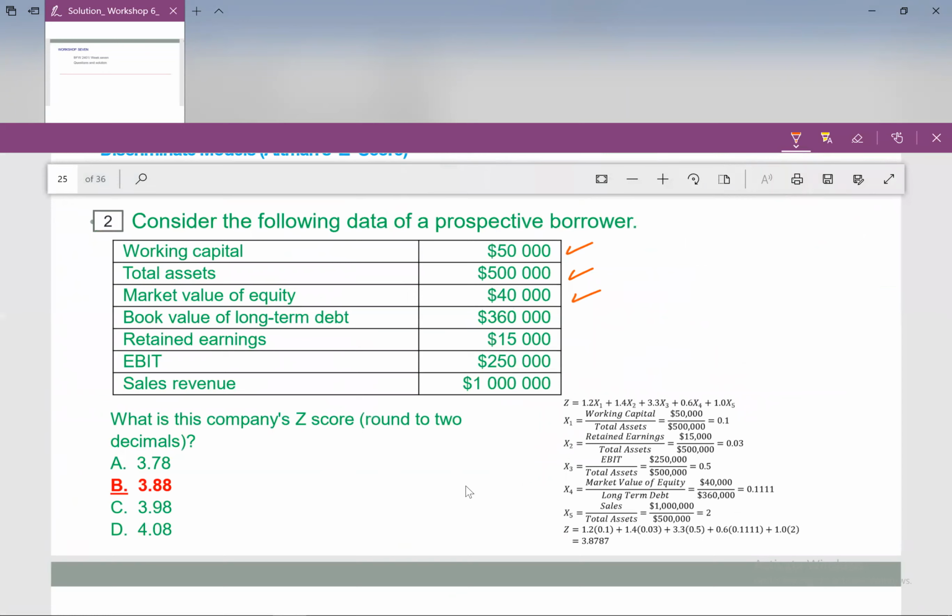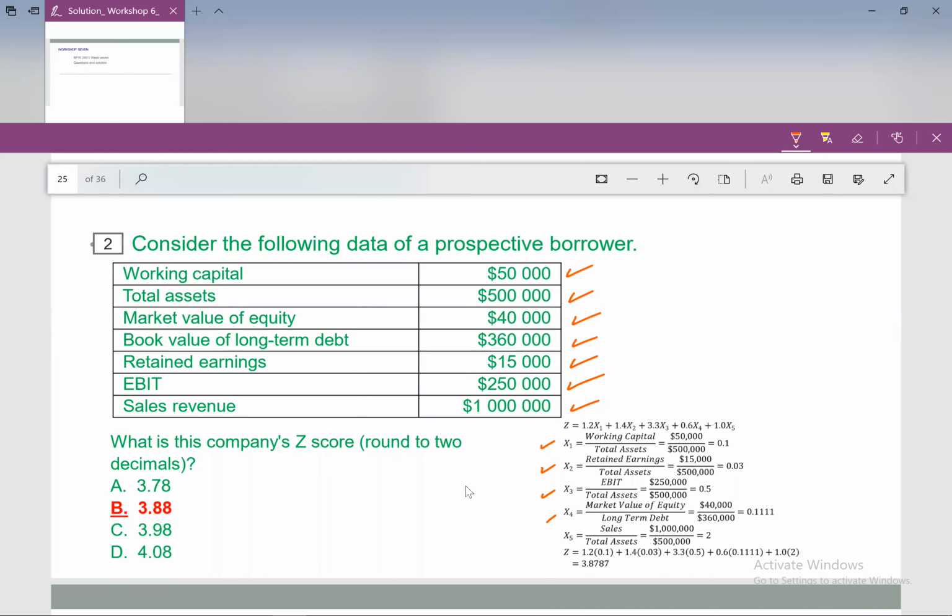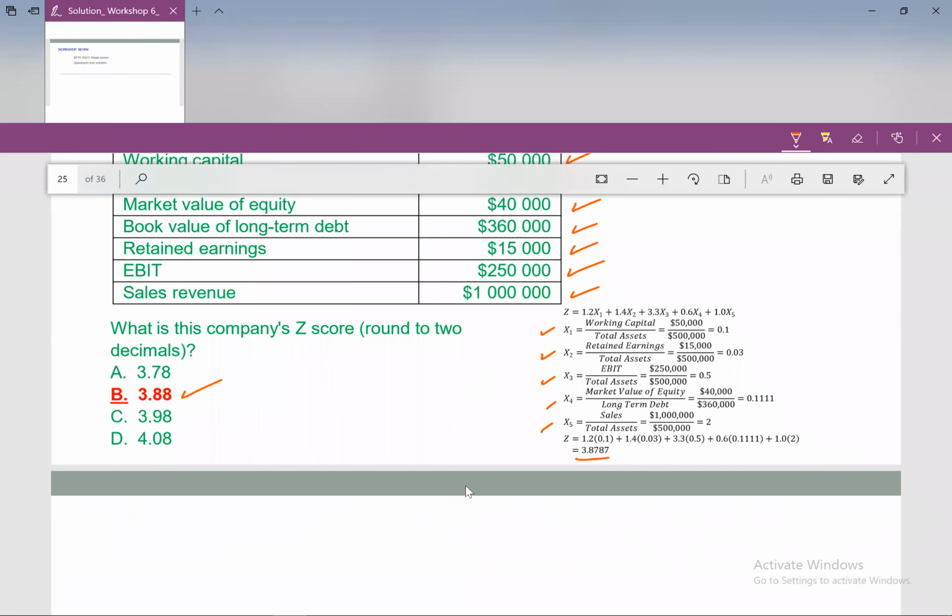Retained earnings is there. EBIT is clearly there. Sales revenue is there. So it's very easy to calculate X1 to X5. If you calculate them, you will find X1, X2, X3, X4, X5, and the result is 3.87 or 3.88. This is for the Z.